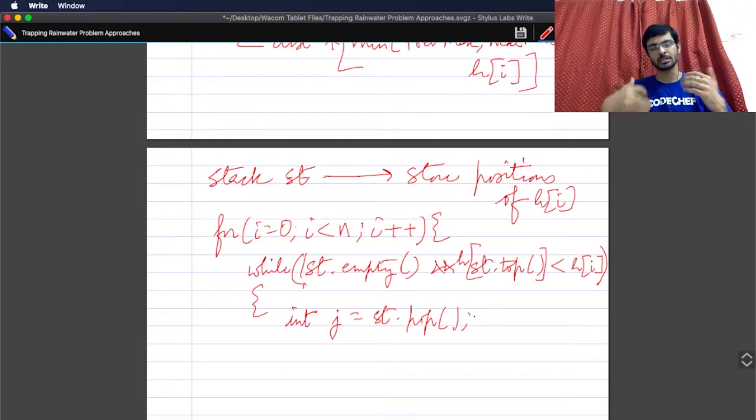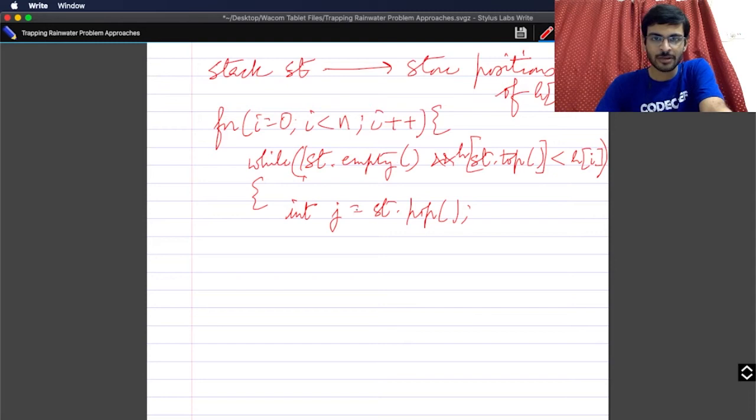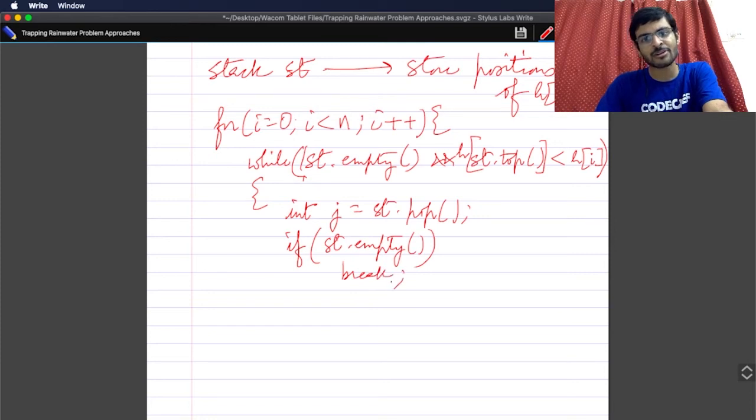You can do peek and then pop, according to your language. Then we have got j. Now that you have popped, it is gone. Now we will check if it is empty. If st is empty, then please just break. Why? You don't have anything greater than it before, so there is no use lingering over here.